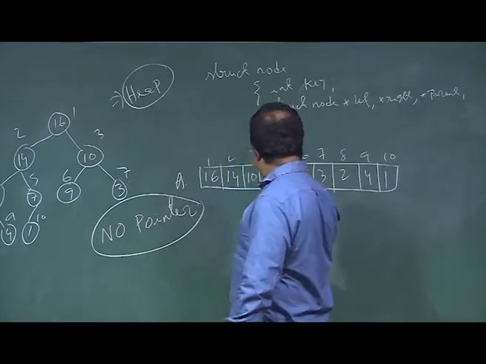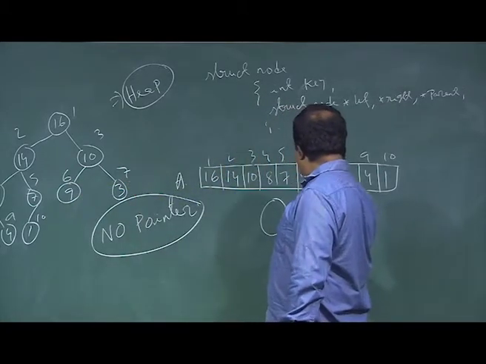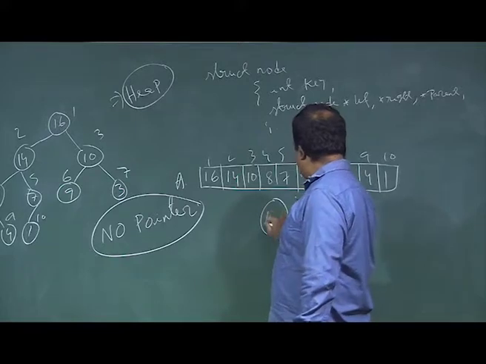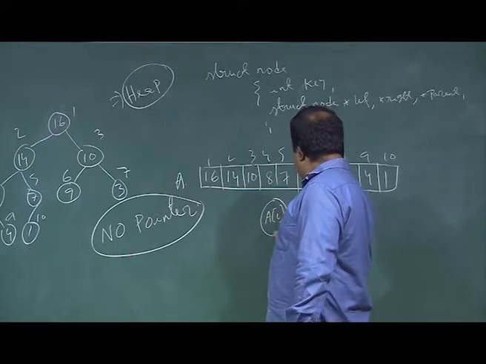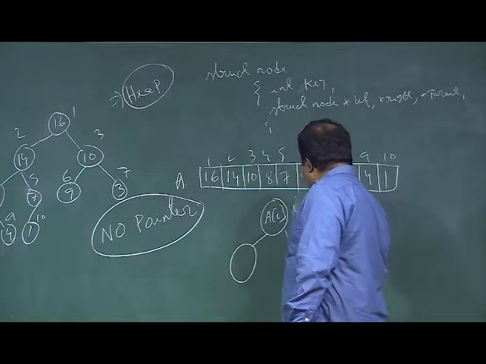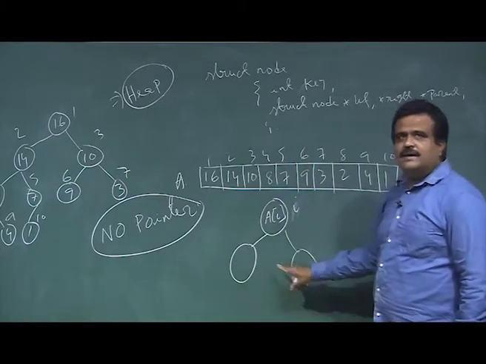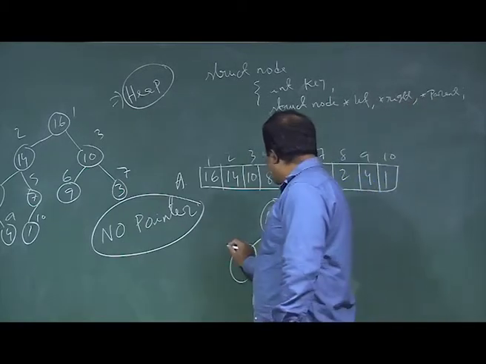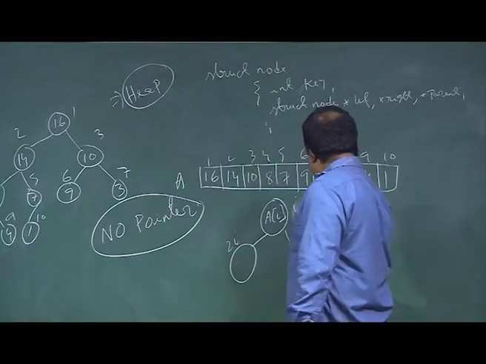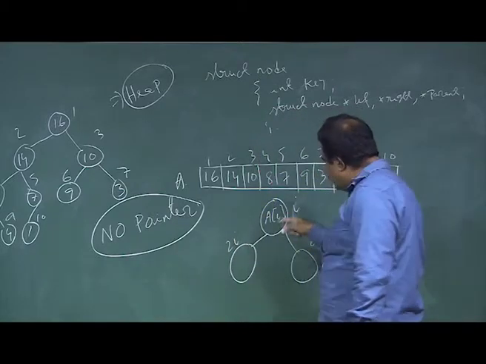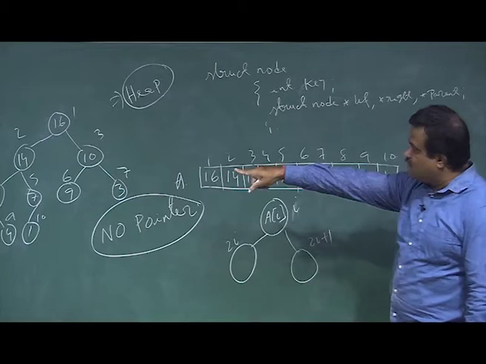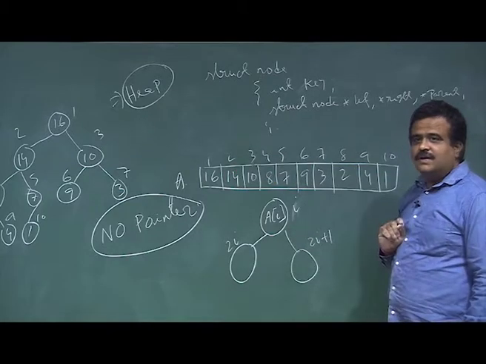So if a node is A[I], then we know the children are at A[2I] and A[2I plus 1]. So this is the formula we use to visualize that tree.